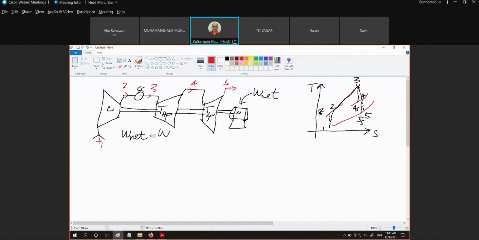For the W net, we obtain it from this equation: the W for the first turbine, W34, plus W for the second turbine, W45, minus the W of the compressor, W12. So this is the equation for the W net.